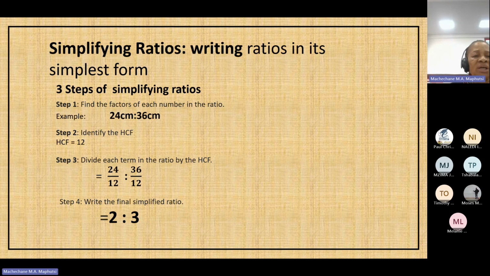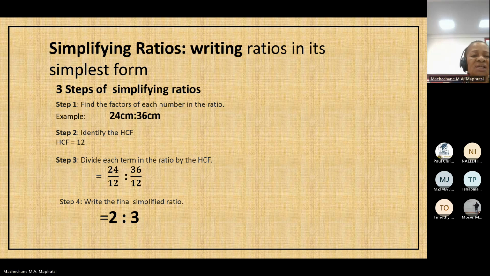Firstly, you have to find the factors of each number in the ratio, meaning that you have to find the factors of 24 centimeters as well as the factors of 36 centimeters. Then from there, you have to identify the highest common factor of the two values. The highest common factor of 24 and 36 is 12.